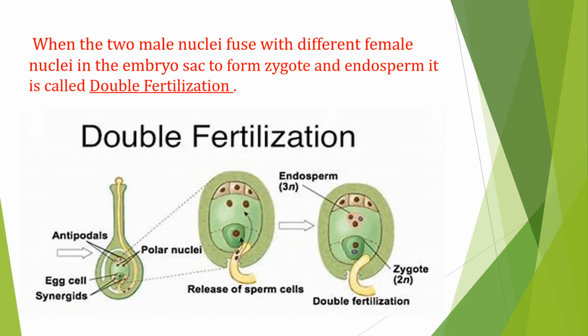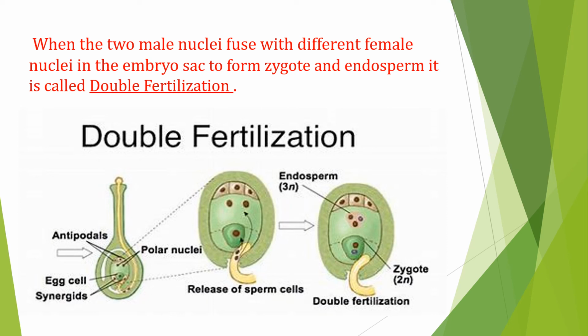Now let us study about double fertilization. When the two male nuclei fuse with different female nuclei in the embryo sac to form zygote and endosperm, this is called double fertilization. One of the male nuclei fuses with one female nucleus to form the zygote, and the other fuses with the next female nucleus to form the endosperm.